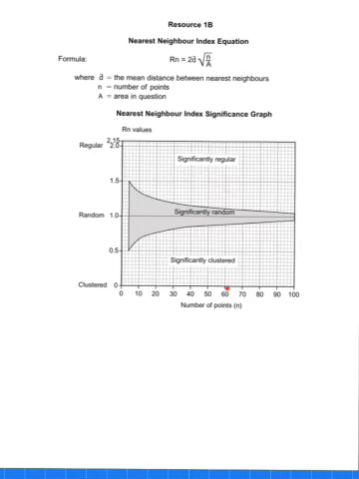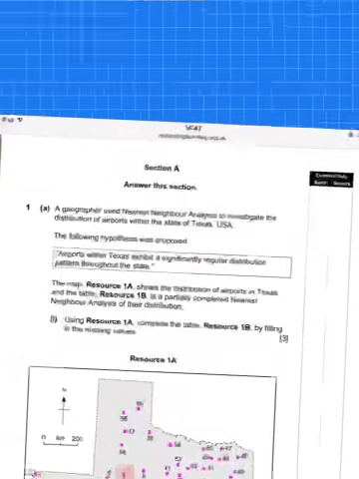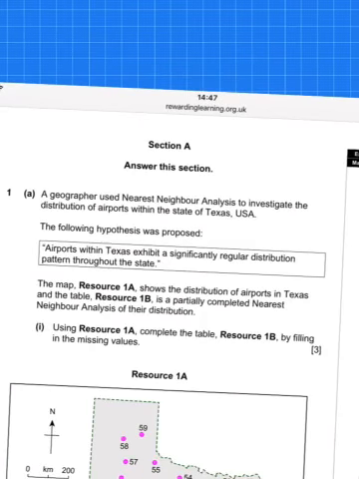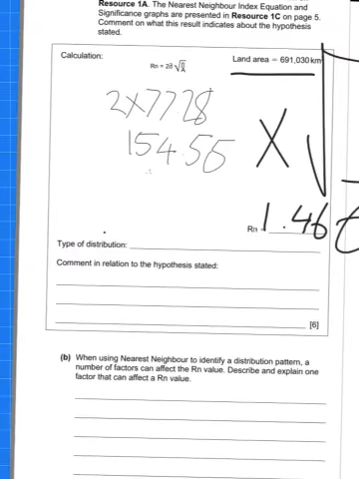So if we go from 62 up to where 1.46 would be on the graph, approximately here, we're in the significantly regular section of this chart. Then, if we refer back to our hypothesis, which was talking about whether or not there was a significantly regular distribution pattern of airports, we can go back and answer the next question, which is comment on the relation of the hypothesis, and we can say that the hypothesis was accepted.